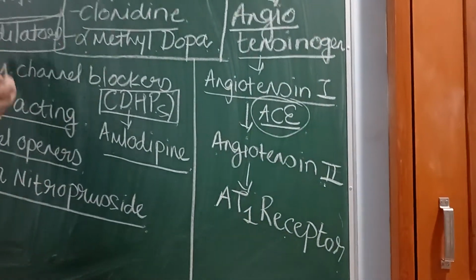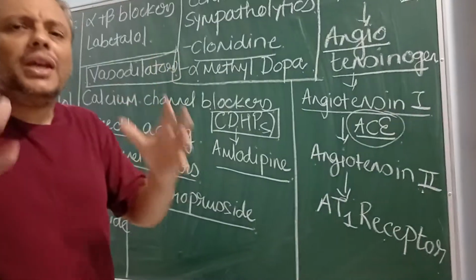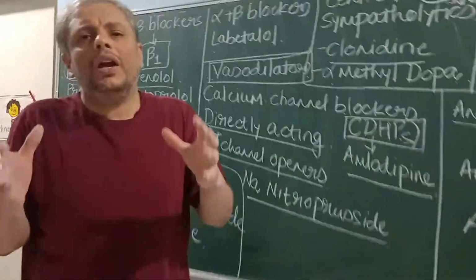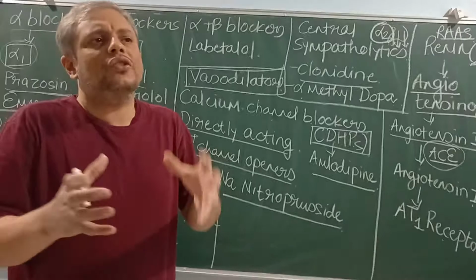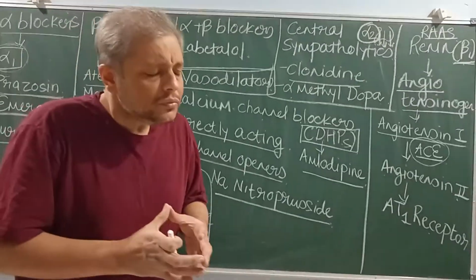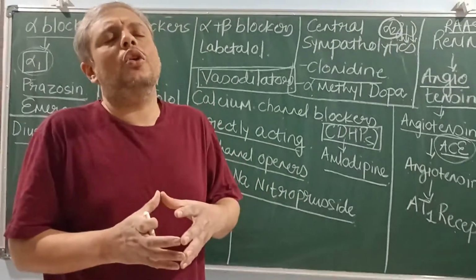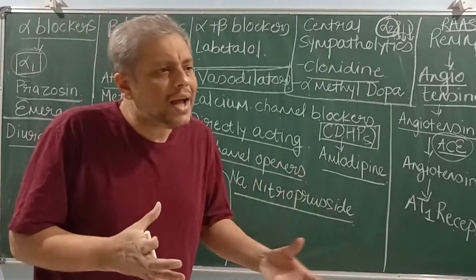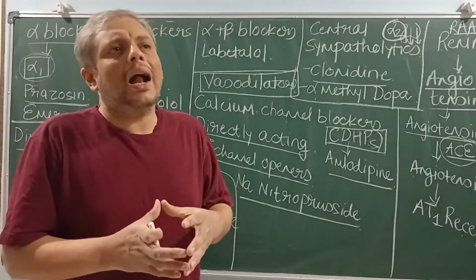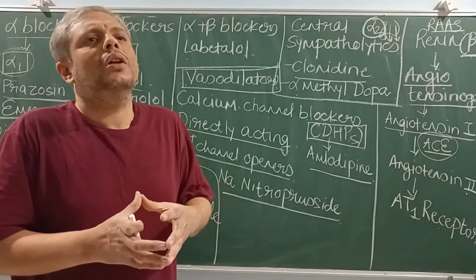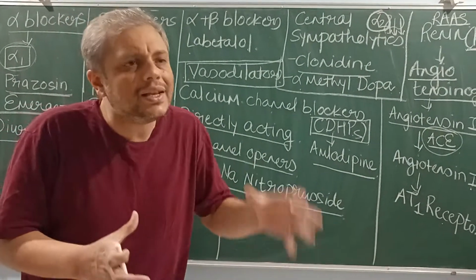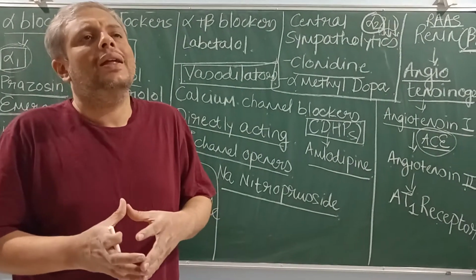Because in relation to hypertension, this angiotensin 2 causes direct vasoconstriction, that is one. Then it stimulates the aldosterone release, and aldosterone causes the retention of salt and water.